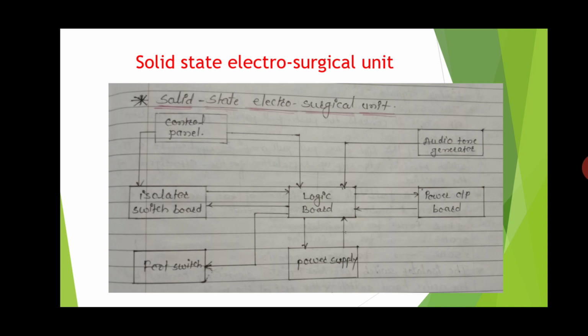In this surgery unit, they are using monopolar and bipolar electrodes. The heart of the system is the logic and control part, which produces the basic signal and provides various timing signals for the cutting, coagulation and hemostasis modes of operation.